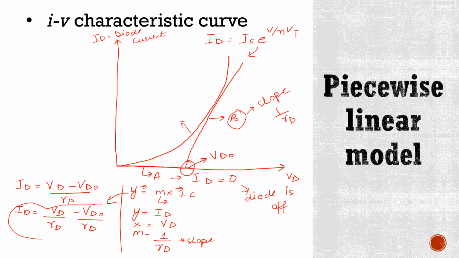Now here we know that this line is straight. It means it has no constant. So if we compare these two equations, here C is minus Vd naught divided by Rd, which is 0. So this is the current voltage characteristic of the piecewise linear model.